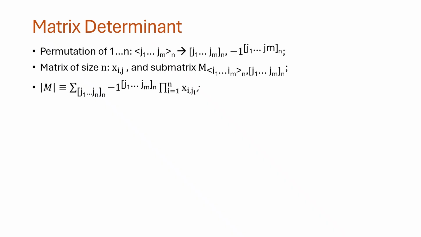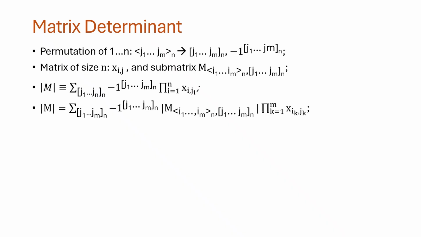From the ordered permutation and unordered permutation, we can define the determinant of the matrix, and we can prove that the determinant of the matrix can be expressed as a sum of submatrices times the corresponding products.